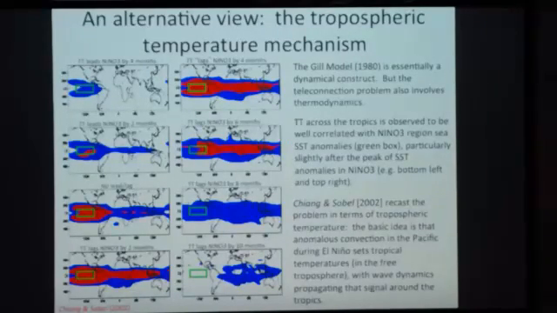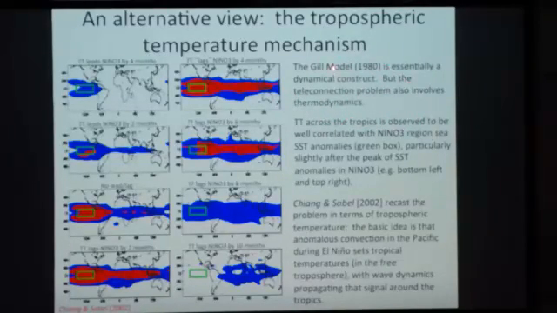Now, why did they want to do this? Well, the Gill model is essentially a dynamical construct, and the way it was designed by Gill, it's a dry dynamical model, so it doesn't have moist processes in it. But we know that the teleconnection has an impact on rainfall, so it has an impact on moist processes in the atmosphere.